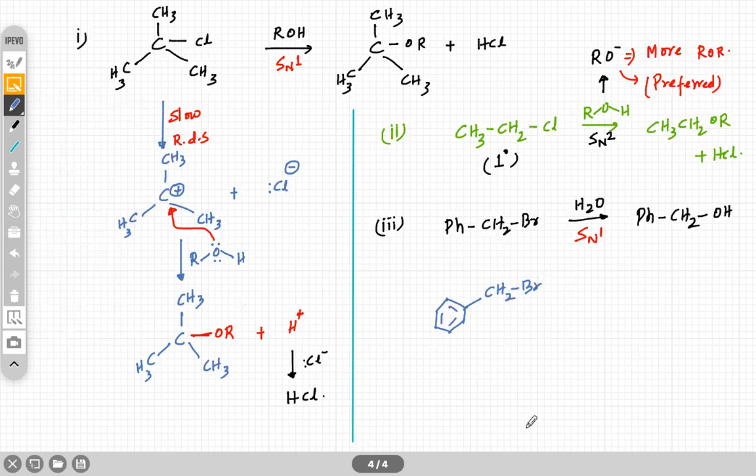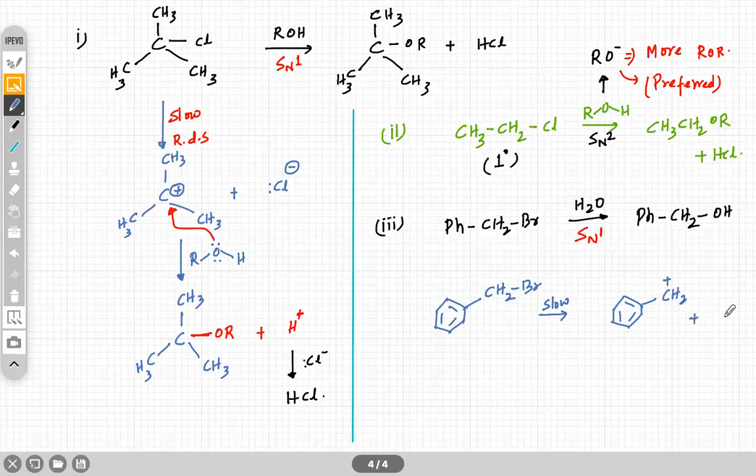If this Br minus goes out as a leaving group, this is the slow step, then it forms a carbocation, which is PhCH2 plus, plus Br minus.